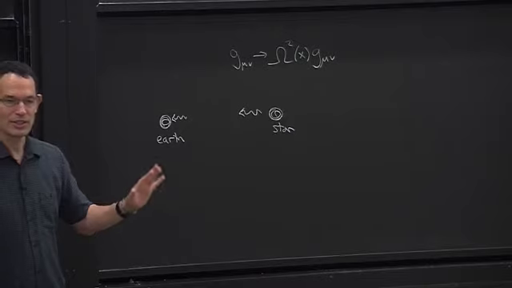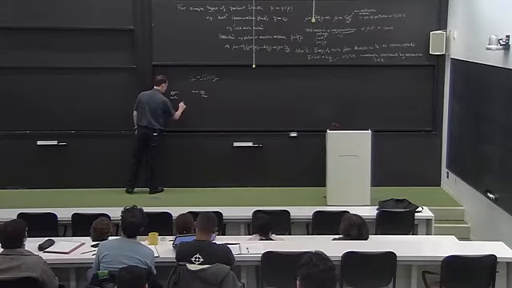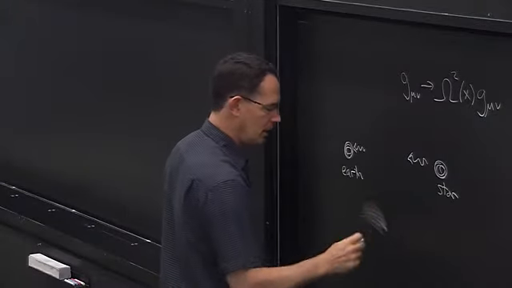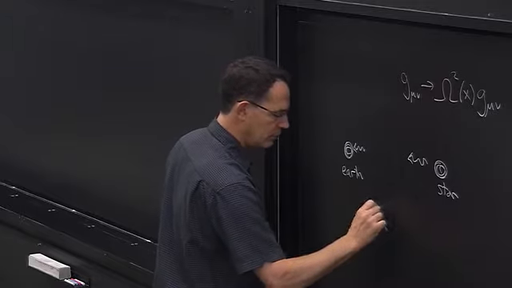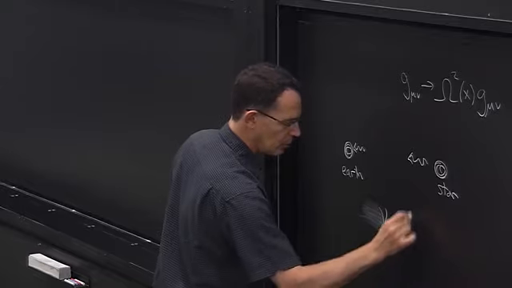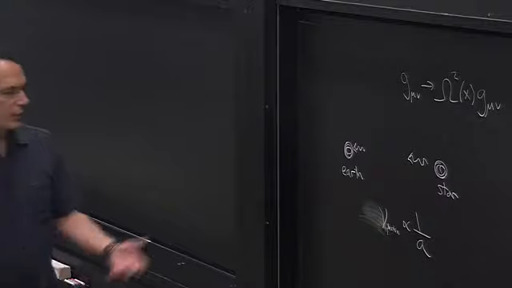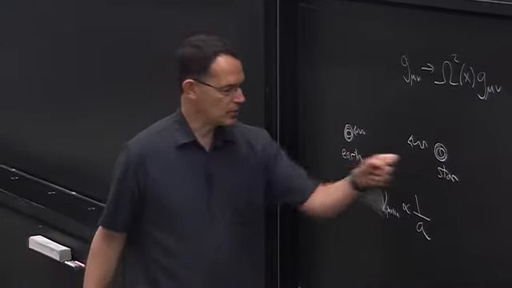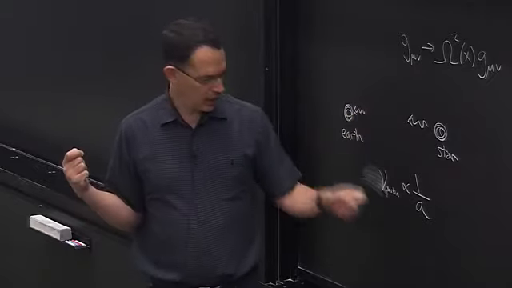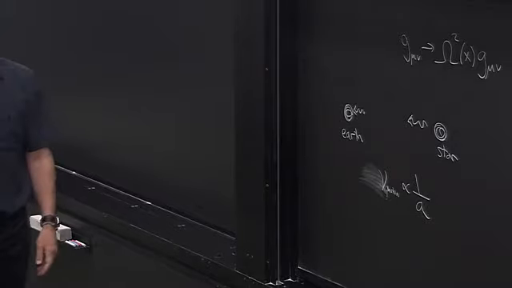The calculation is exactly right, and you get the right redshift result. You get that the frequency of the photon is proportional to 1 over a. It's proportional to the inverse wavelength. And so if it's emitted at a certain value of a and received at another value of a, its frequency redshifts by exactly this amount.